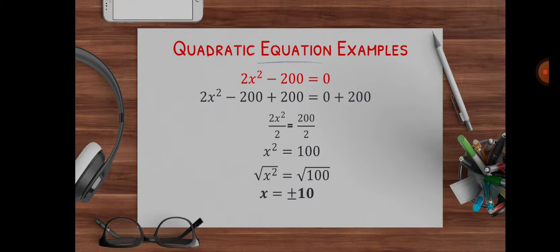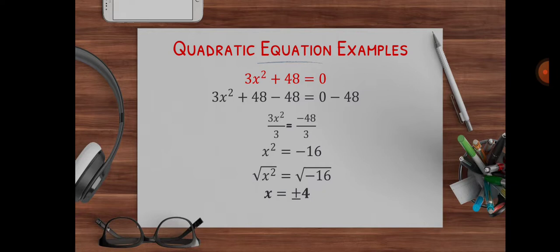The square root of 100 is 10. So the answer is x equals plus or minus 10. So why is it plus or minus? This answer can be broken into two answers: x equals positive 10 and x equals negative 10. Got it? Okay, let us proceed.